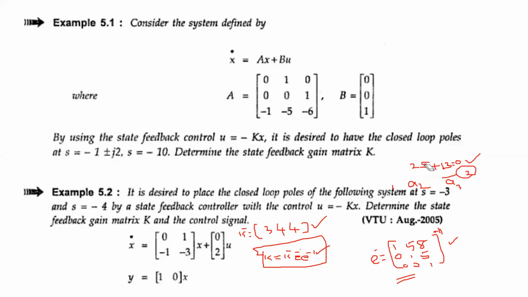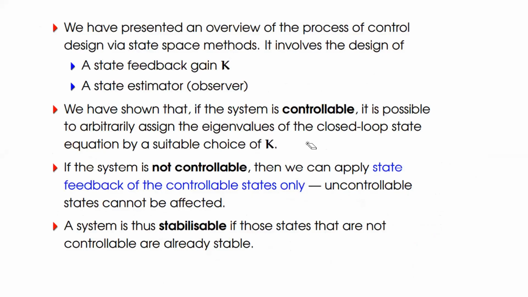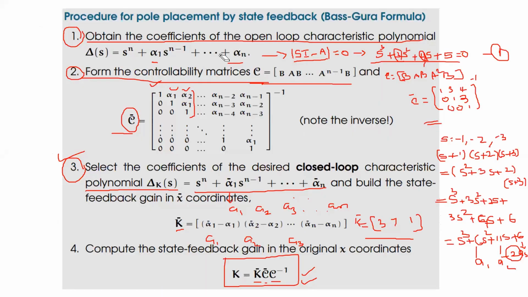But compared to this, method number 2, the direct substitution method, is very, very easy. I can explain in the next class how to find the value of K. But if the system order is more than 3, I think the first method is a good method: obtaining the coefficients of the open loop polynomial from the state equation, controllability matrix, modal matrix, closed loop characteristic polynomial. Finally, you have to design the state feedback.